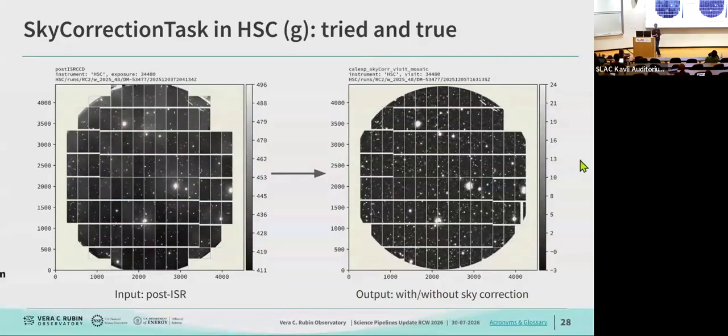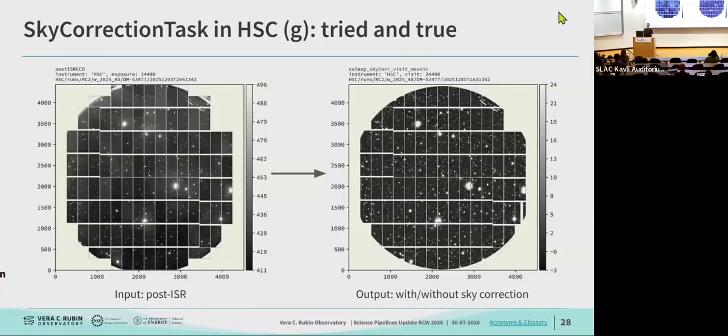Okay, so what happened with the backgrounds for DP2? For Hyper Suprime-Cam, they use an algorithm called sky correction task. And this works great. On the left, you see the post-ISR image, which Alex is going to tell you what ISR is in a bit.